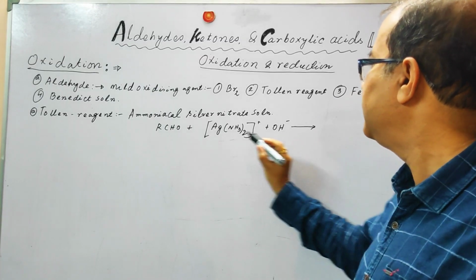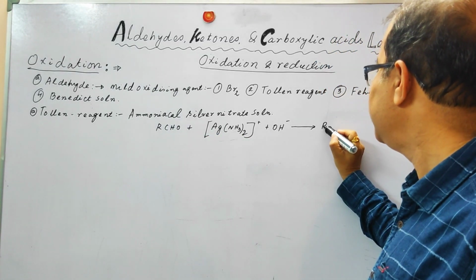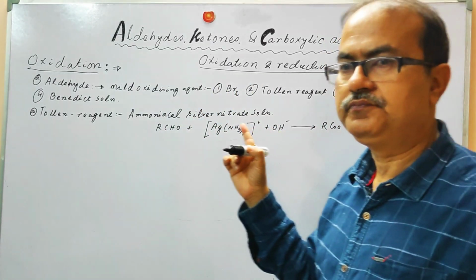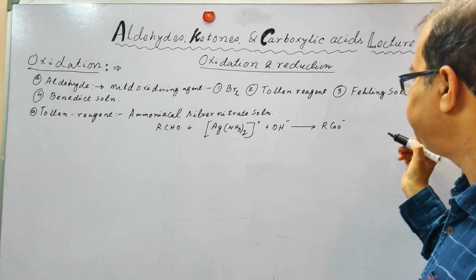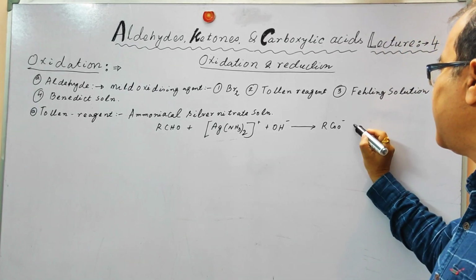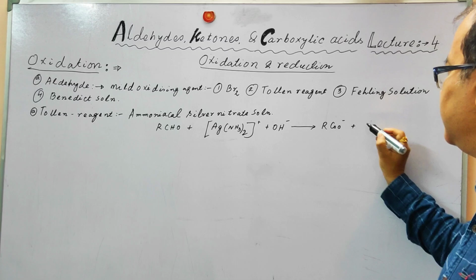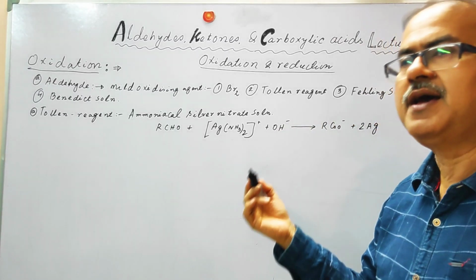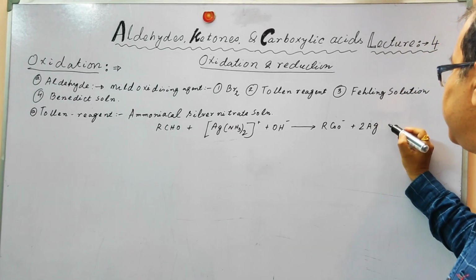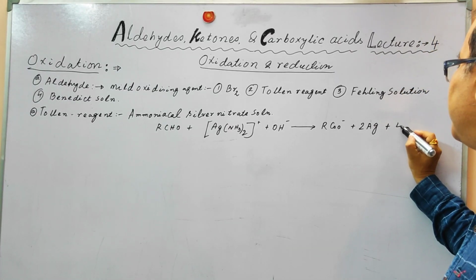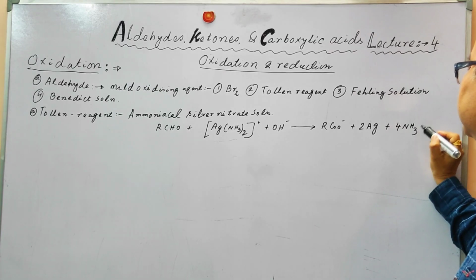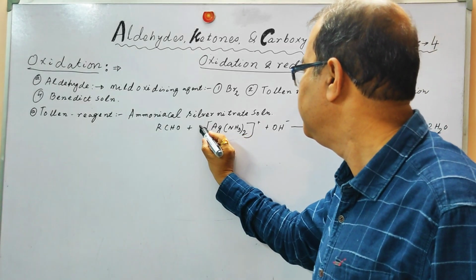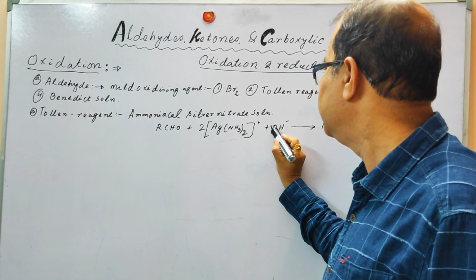This will be the reactant, and in the product the aldehyde is oxidized to the carboxylate ion, plus silver is deposited as silver metal, and ammonia is produced.